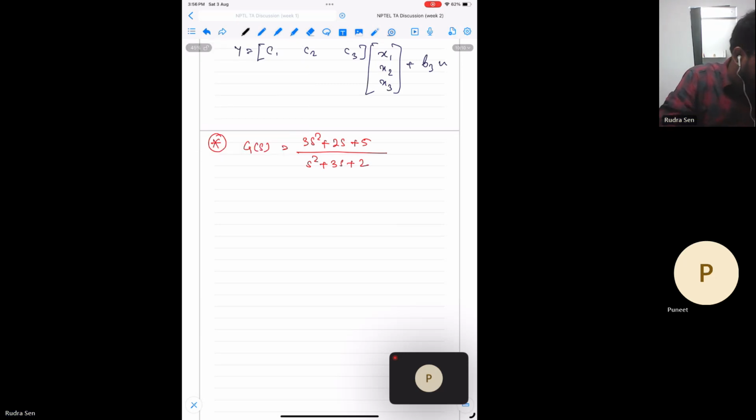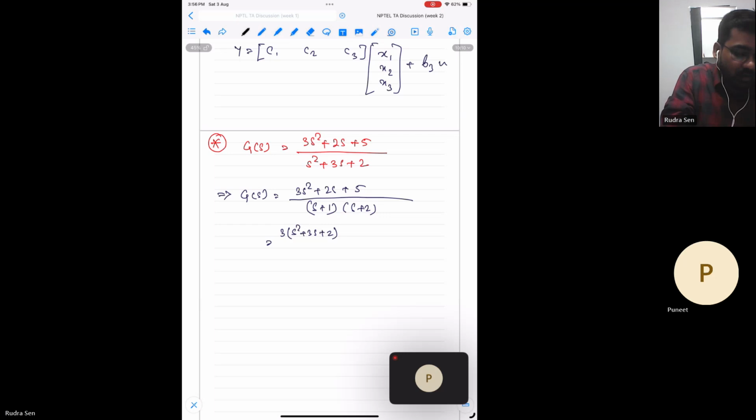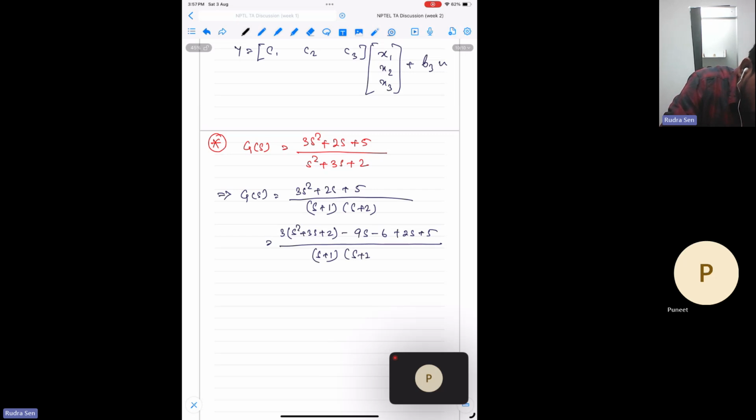Okay. So, diagonal canonical form. What we have to do first, this is very easy. We know the roots are s plus 1 and s plus 2, and the numerator is 3s square plus 2s plus 5. So first of all, we have to do these things. 3 into s square plus 3s plus 2, minus, what do I have to subtract? 9s minus 6 plus 2s plus 5, divided by s plus 1 and s plus 2.